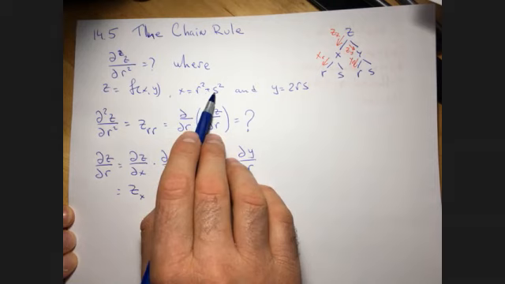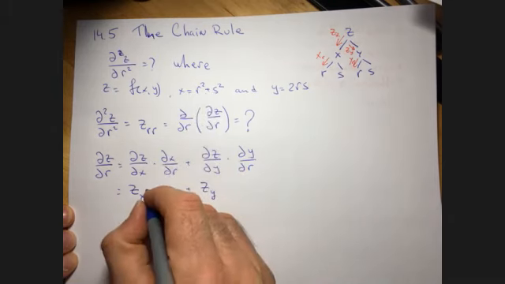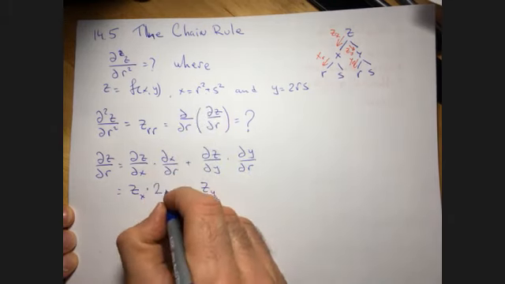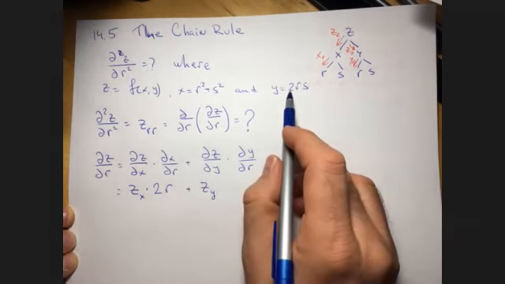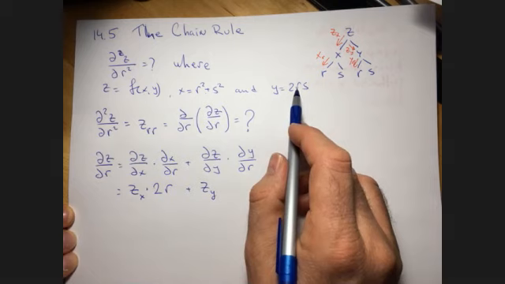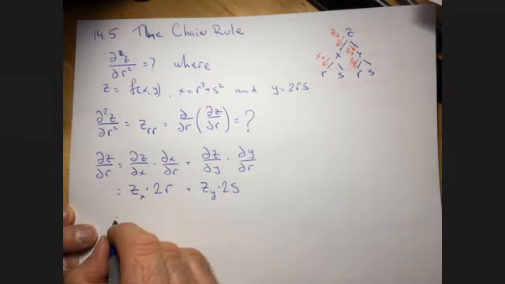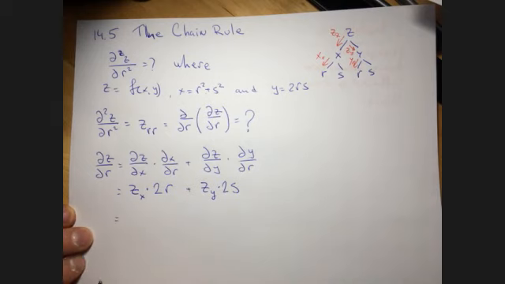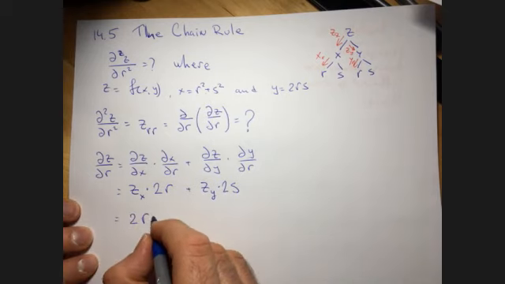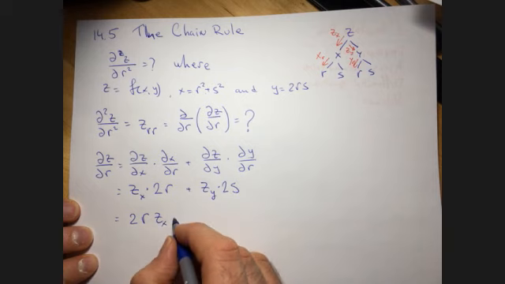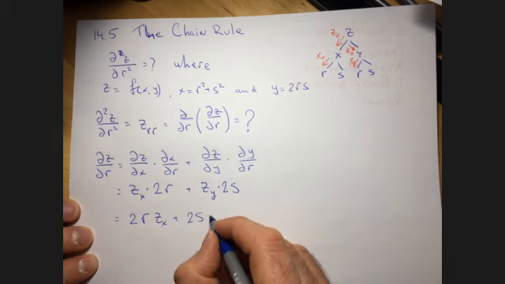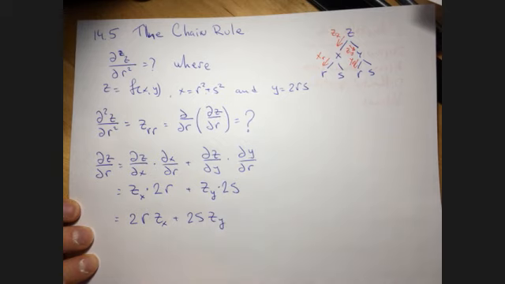S squared is a constant, derivative of s squared is 0. Derivative of r squared is 2r. 2s is a constant, derivative of r is 1, so times 2s. Or this can be written as 2r partial z partial x plus 2s partial z partial y.